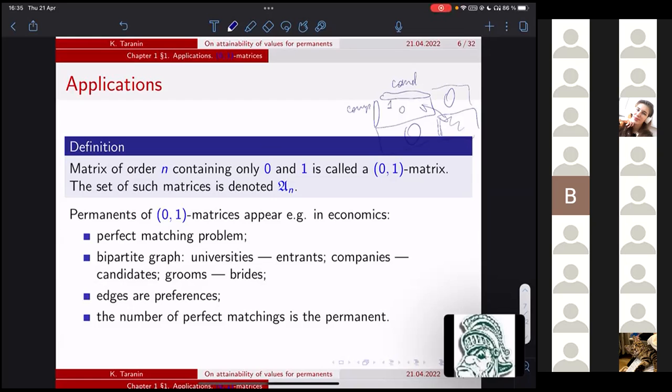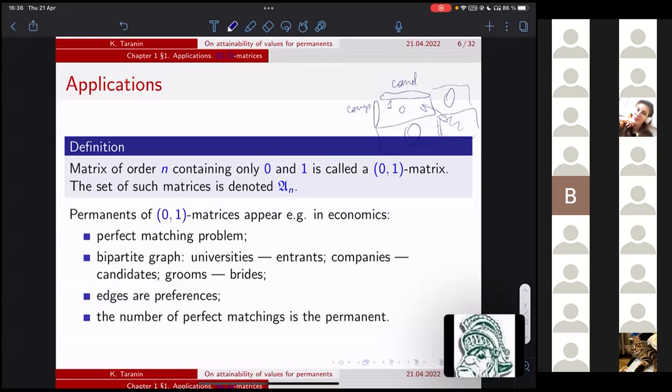And it turns out that the problem of matching the candidates and the companies, that is assigning each candidate to some company so that either all vacancies are filled or all candidates are hired.